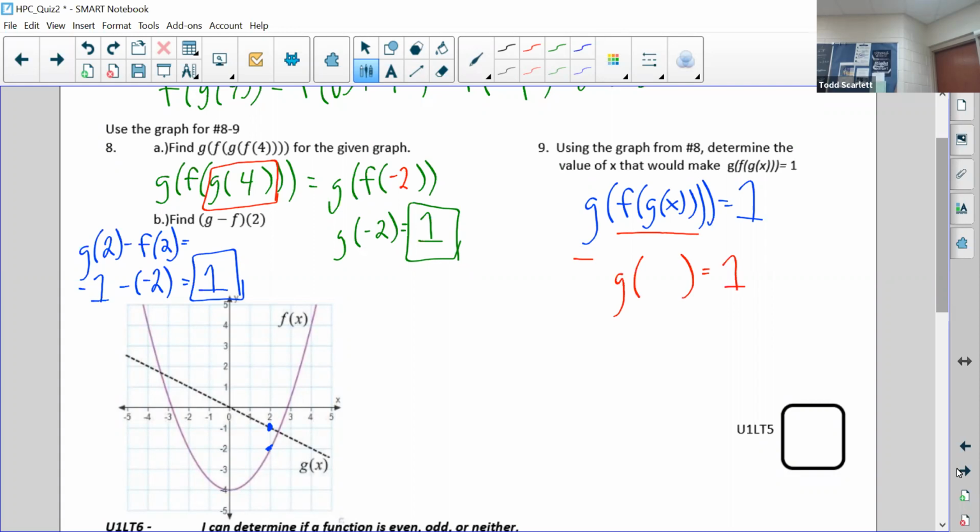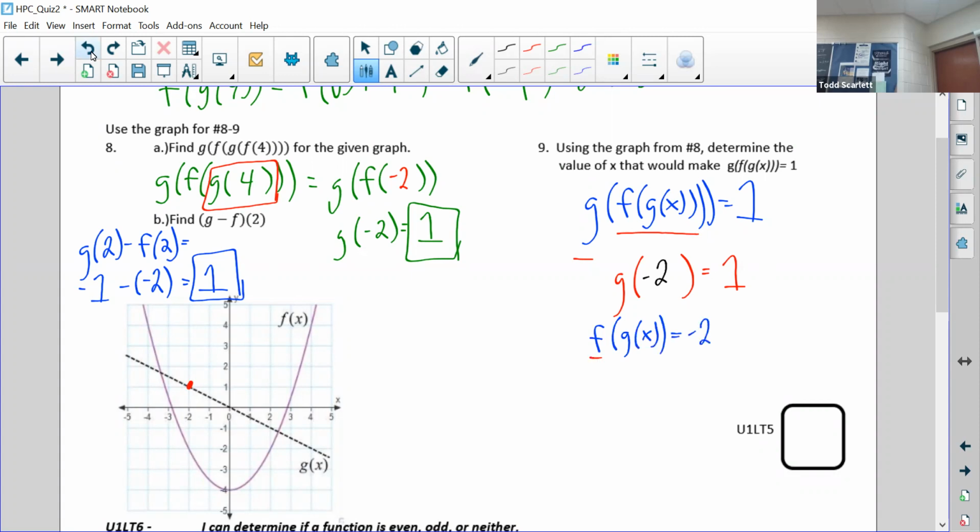So I go to my map and I see here's G, and it equals 1 for only one X value, when X is -2. So this must have been -2, which means this must have been -2. So I get to rewrite that. I can say F of G of X must have been -2.